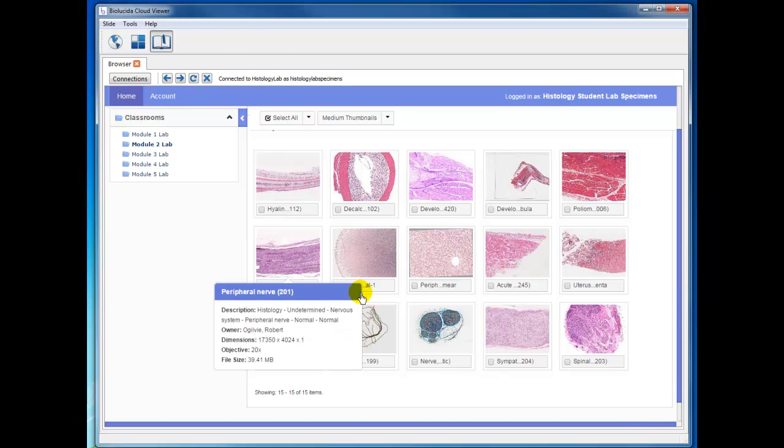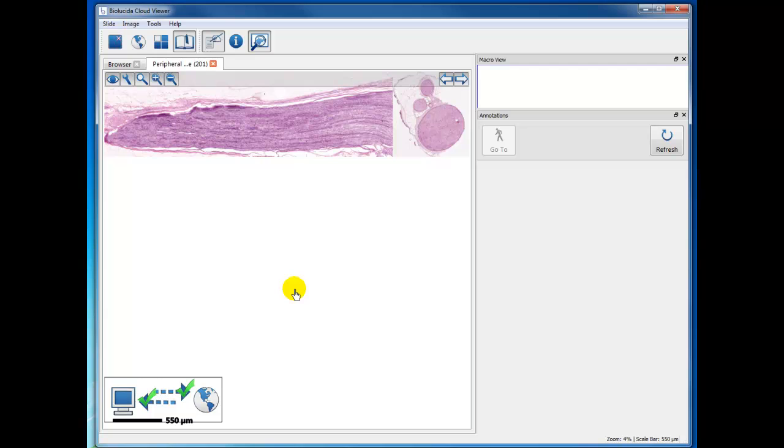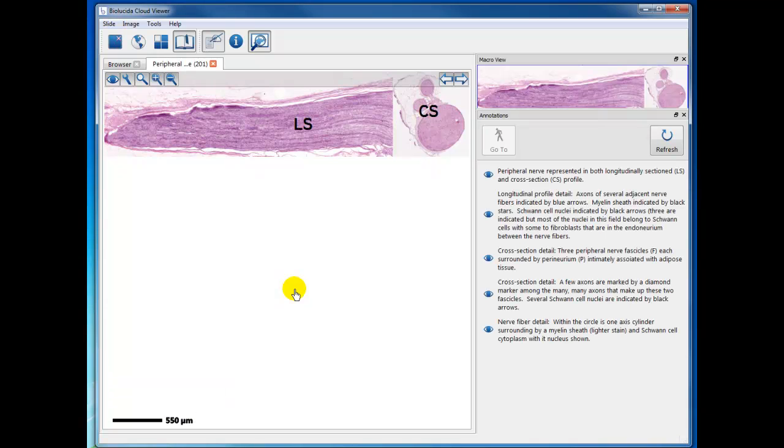This specimen is a cross-section and longitudinal section of a complete peripheral nerve. And one of the first things that you need to realize is that there's a difference between a nerve fiber and a collection of nerve fibers which is organized into a nerve.